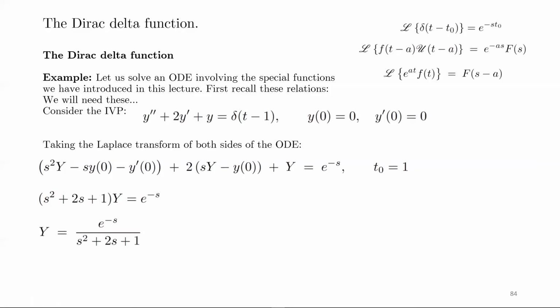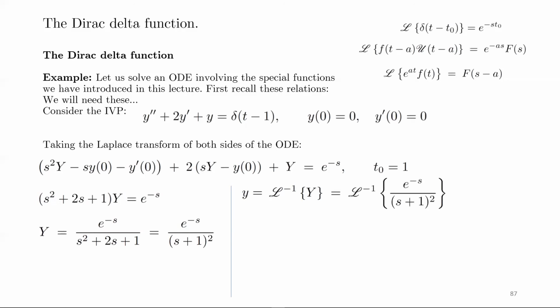Algebraically solving that for Y and noticing that the denominator can be written as s plus 1 squared, I can now try and evaluate the inverse Laplace transform of Y of s to find the solution to the initial value problem y of t.